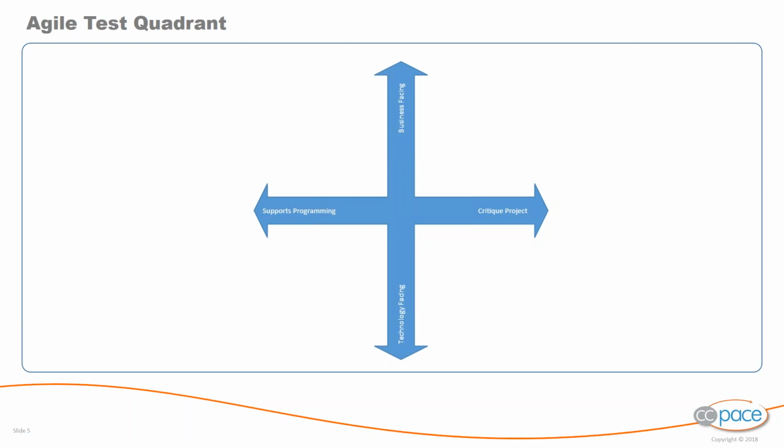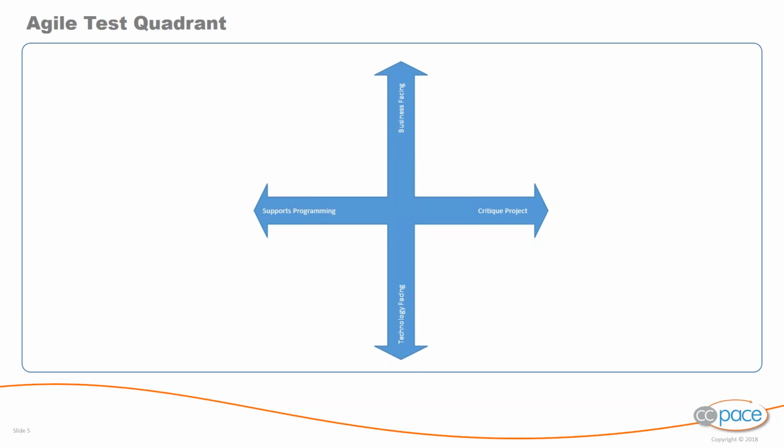So if you're transitioning from a more traditional waterfall approach to Agile, or even taking those first steps towards test automation, the quadrant helps to understand the different types of tests that you need to perform, where they fit in, and it also helps define the purpose of each of those tests.